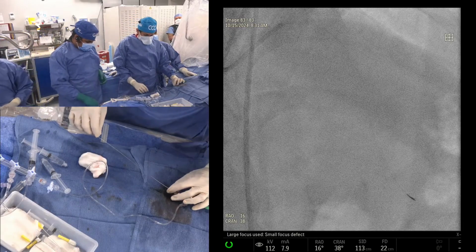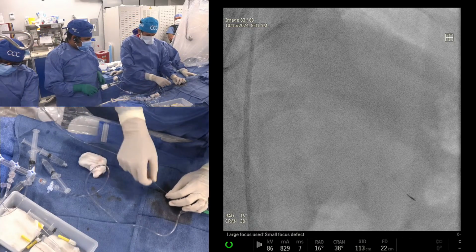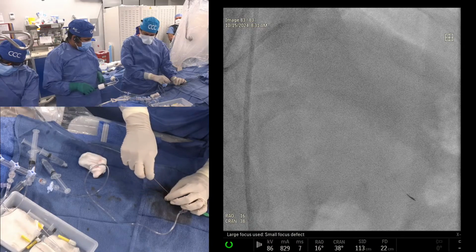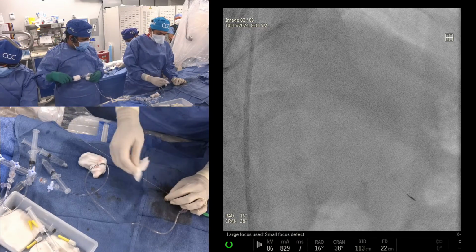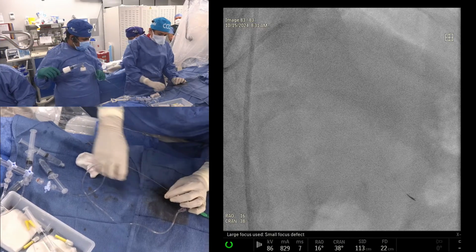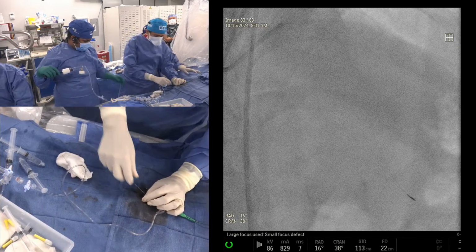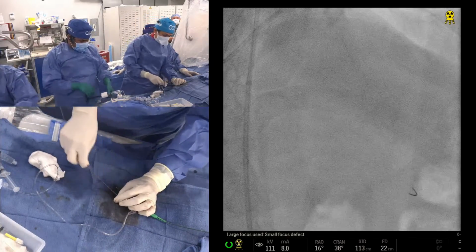I know several comments, mainly complimenting the excellent technique and no subintimal dissection. We try not to do subintimal dissection. This is one thing we want to promote and keep teaching: avoid subintimal dissection and re-entry. I'm not a believer of that.